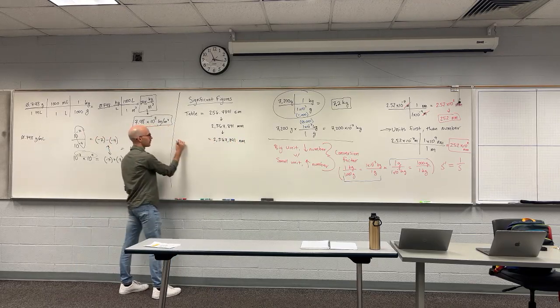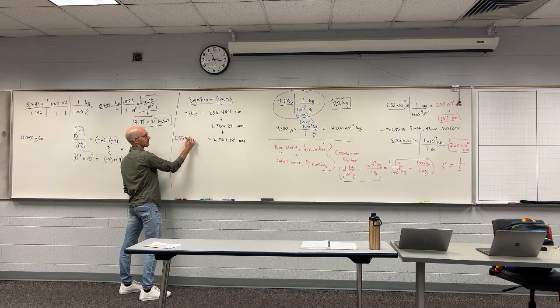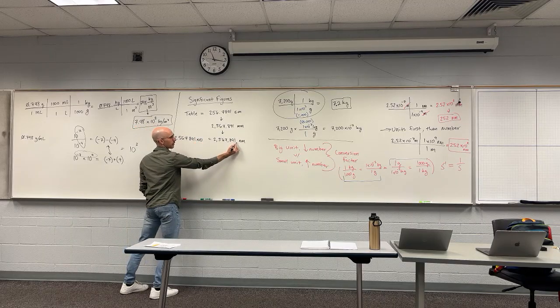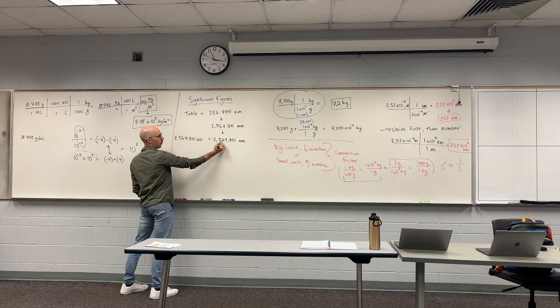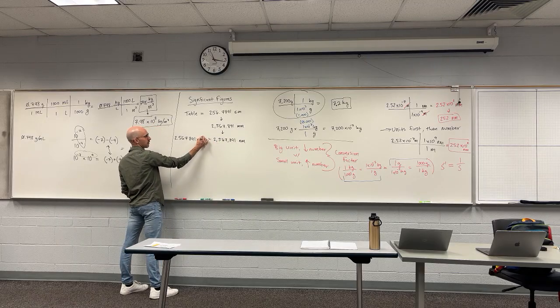Or, in other words, in scientific notation, 2.567891 times 10 to the 1, 2, 3, 4, 5, 6. Just move my decimal place to the left 6 places.